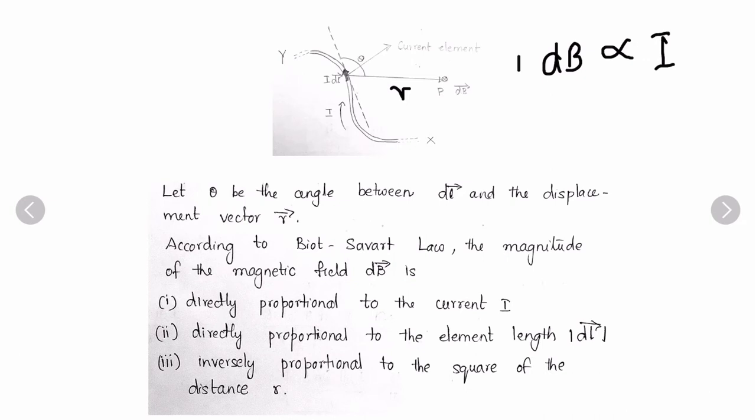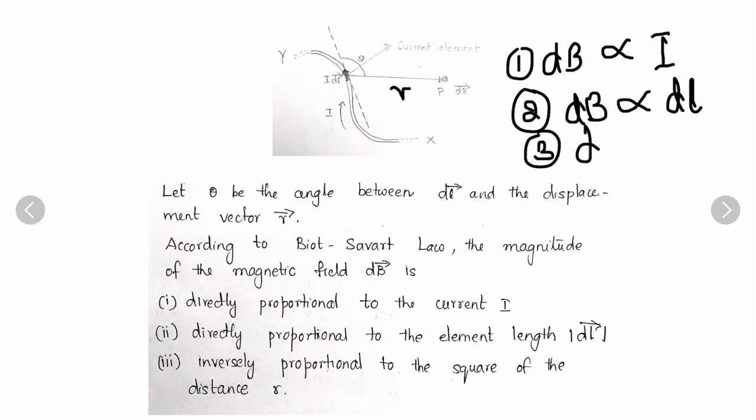Number two, if the dl element is big, that means the length is more, then dB is directly proportional to dl, that is the length element. And number three, dB, that is the magnitude of the magnetic field, is inversely proportional to the square of the distance r. So the Biot-Savart Law is based on these three things.